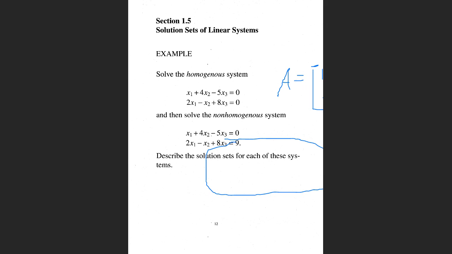So what would the matrix equation be here for that first system of equations? What would the matrix equation be for that homogeneous system? Who can chat it out for me in the chat line?